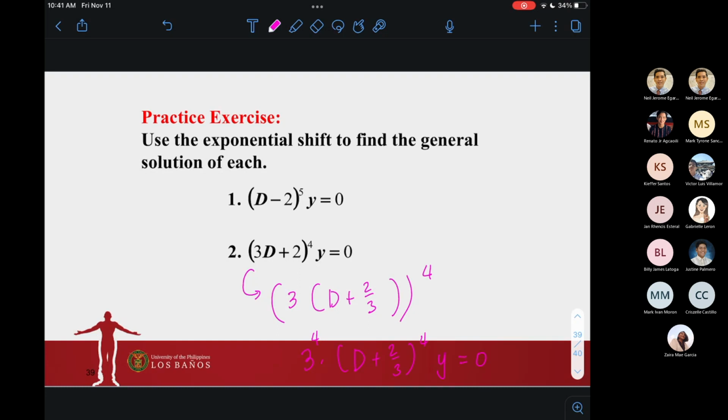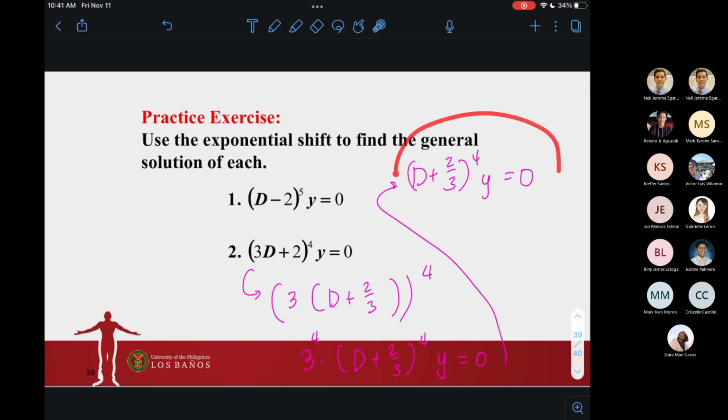Okay? And then para mas madali, para hindi na kayo mag-worry about the powers of 3, na 3 to the 4th, though madali pa siyang computein, ano? But if you don't want to work with 3 to the 4th, you can divide muna both sides by 3 to the 4th para maging D plus 2/3 to the 4th muna siya y equal kay 0. Okay? And that's perfectly fine.